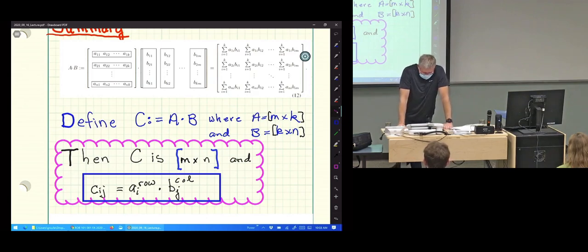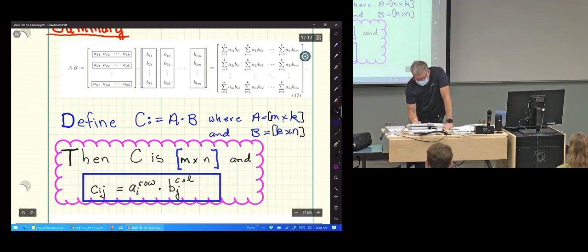The key compatibility condition is we can multiply A and B if the number of columns of A equals the number of rows in B. A is M by K, so M rows, K columns, and B is K rows by N columns, and then the product will be M by N, the way I've written it here.